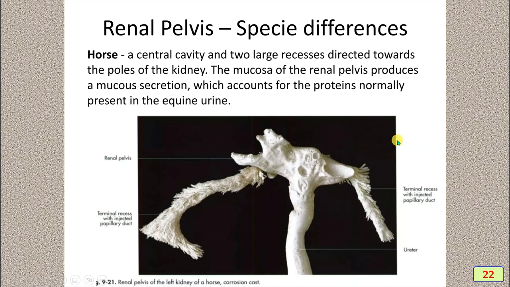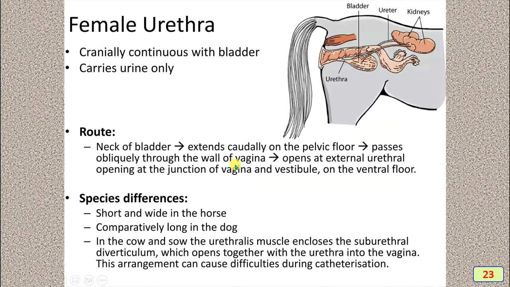It has more and more proteins. So the structure noted here is a ureter, then terminal recess with injected papillary duct on both sides, and the renal pelvis.